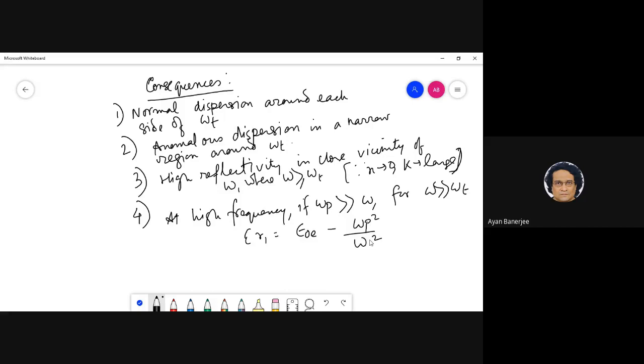I'm basically saying that this plasmon frequency is much greater than your omega, and this is much greater than this. So I can basically write this. Okay. Now you can appreciate that I can have a condition where epsilon r1 is 0, right? When basically these two match, right? So what happens then?